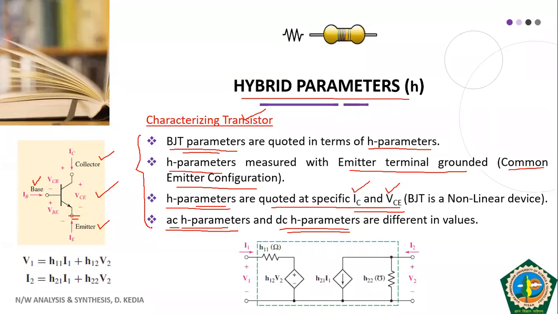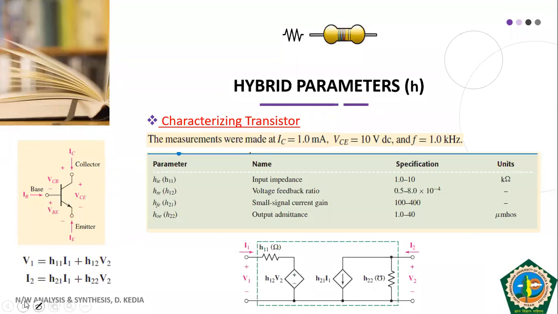I will also tell you that you should look at data sheets for any transistor, either PNP or NPN. There you will come across the values of H parameters at a given value of collector current and collector emitter voltage. Now let us move forward.